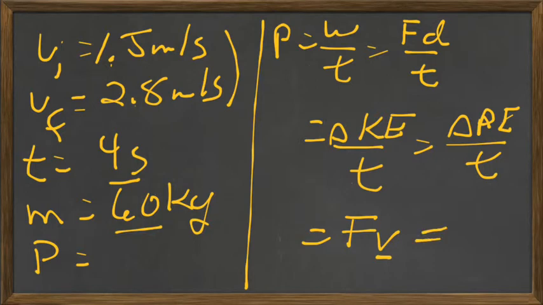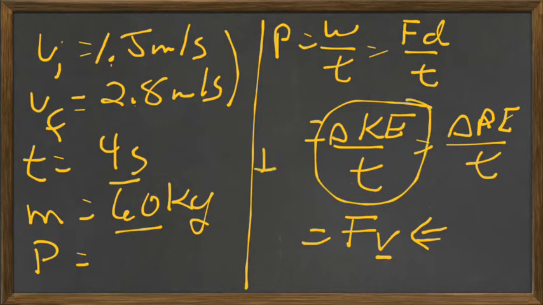I can hold that on the back burner, but for right now, I'm not going to think about that one right away. The one that jumps most quickly to my mind is this one. Kinetic energy, we know, is 1/2 mv squared. Well, I've got mass and velocity, both initial and final. I got my mass, and I got my time. That seems like a pretty quick way to go.